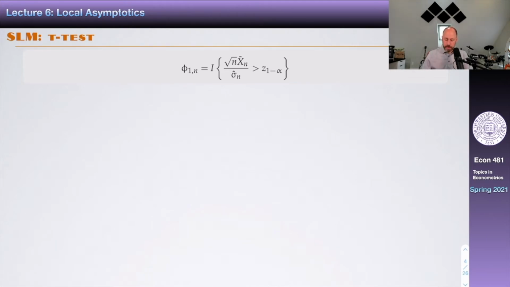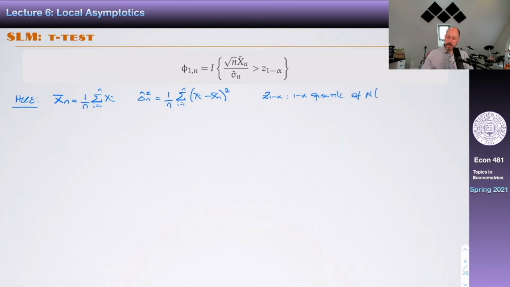Here x bar n is just the sample average of our observations, and sigma hat n squared is just the sample variance. And as I said, z1 minus alpha is the 1 minus alpha quantile of a normal 0, 1.